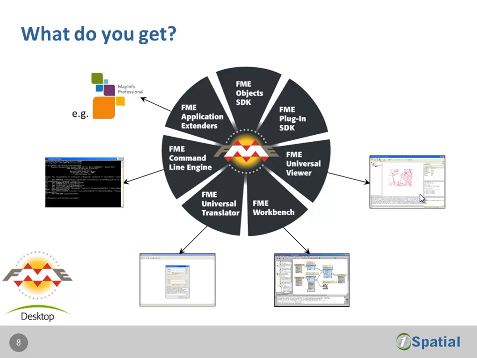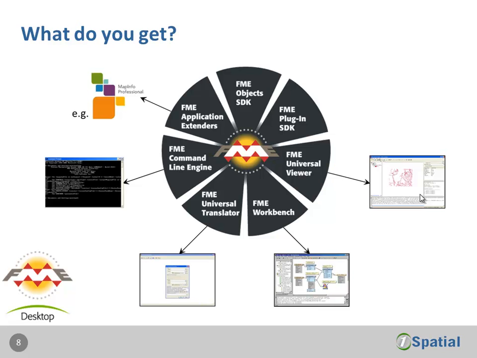FME Workbench is where you author your processes and use small tools called transformers to change the data's structure. We'll look at the Workbench in a lot more detail in this session. The Universal Translator will be familiar to MapInfo users because it's shipped with MapInfo for some time, but with FME it comes as a standalone tool that allows you to translate all of your data to any of your required formats.